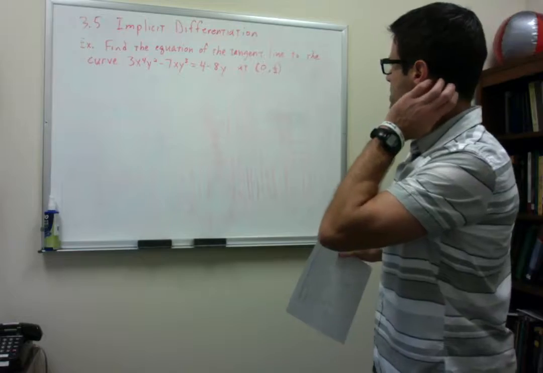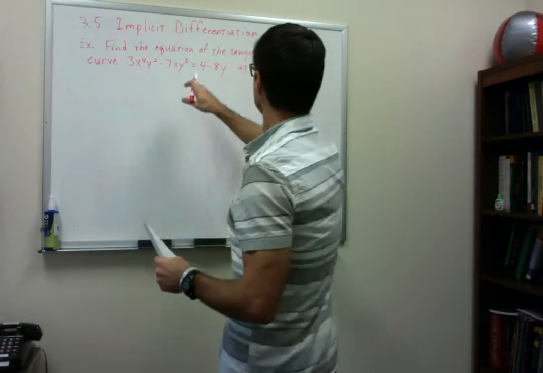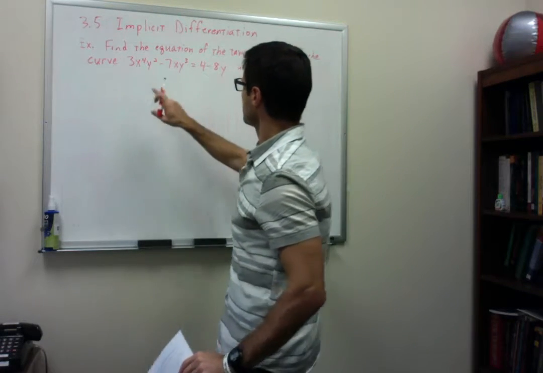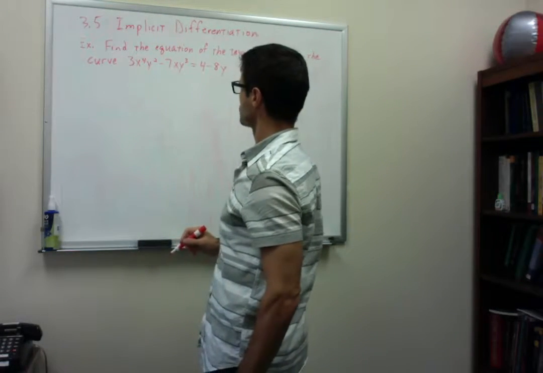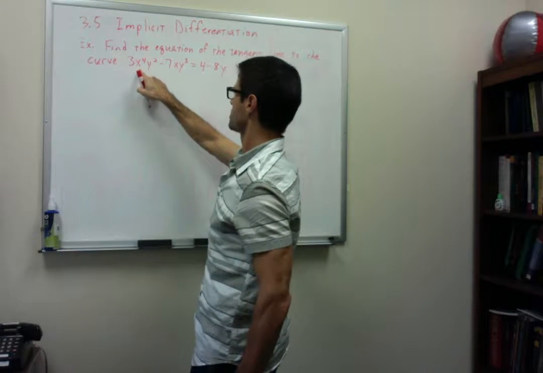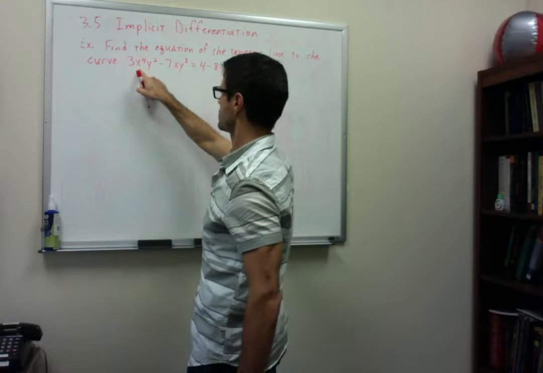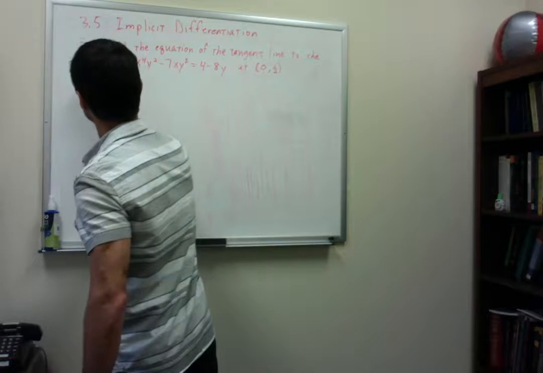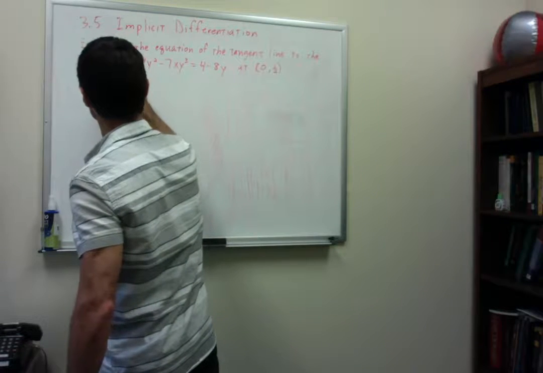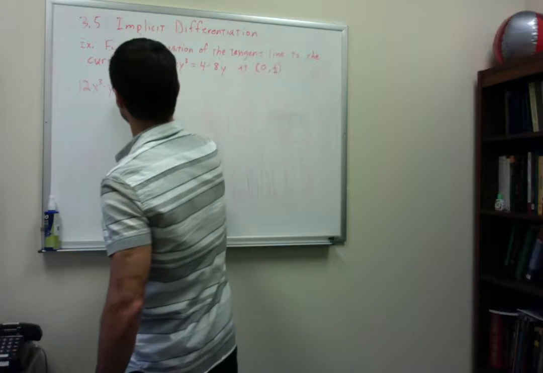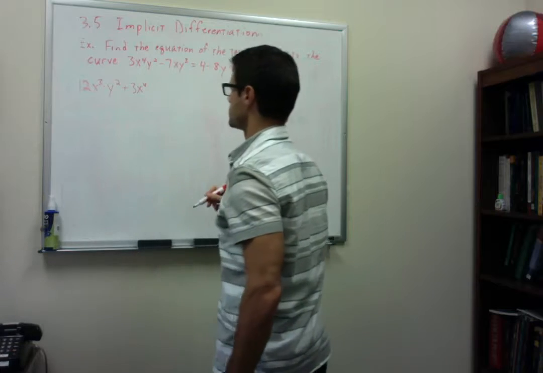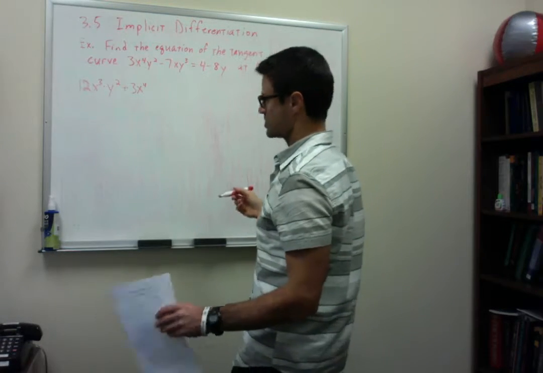All right, to use implicit differentiation, we basically differentiate everything from left to right. If I differentiate this first term on the left, I get the derivative of the first function, 3x to the fourth, which is 12x cubed, times the second function, y squared, plus the first function, 3x to the fourth, times the derivative of the second function, where we use the chain rule.